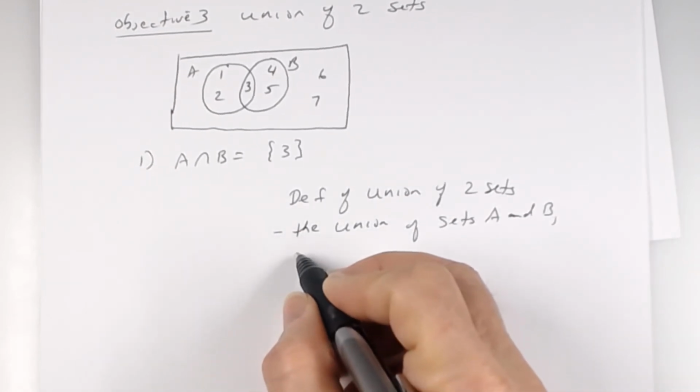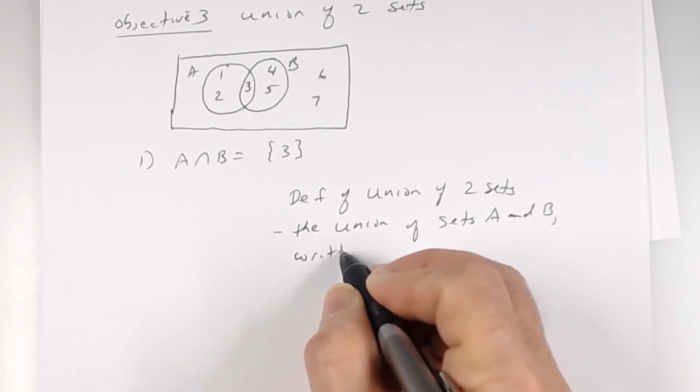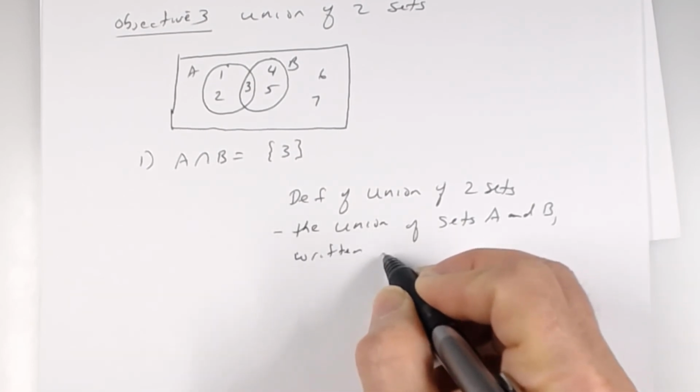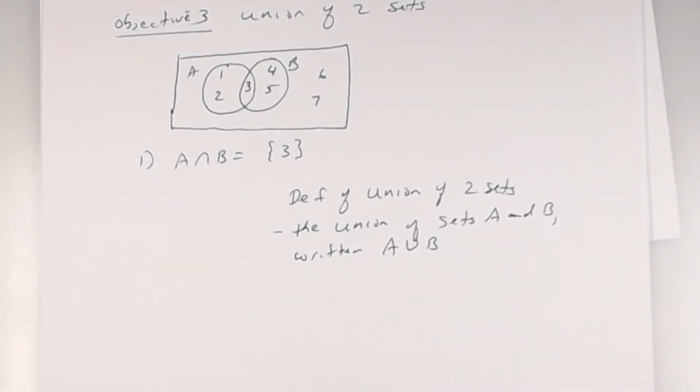Remember that intersection is that upside down U? So union will be, it looks like a U. So intersection looks like an N, union looks like a what? A U. So A ∪ B means the union of 2 sets. If it looks like an N, then it means the intersection of 2 sets.